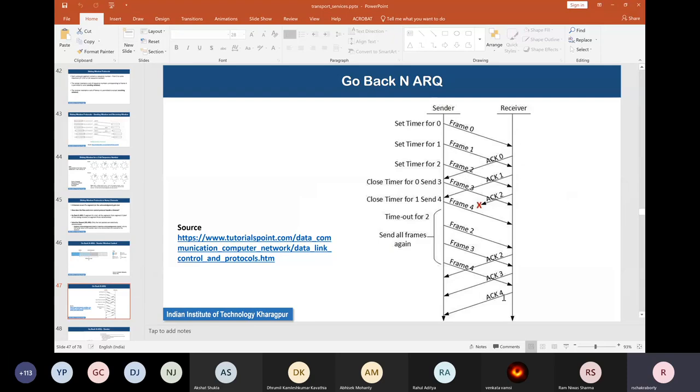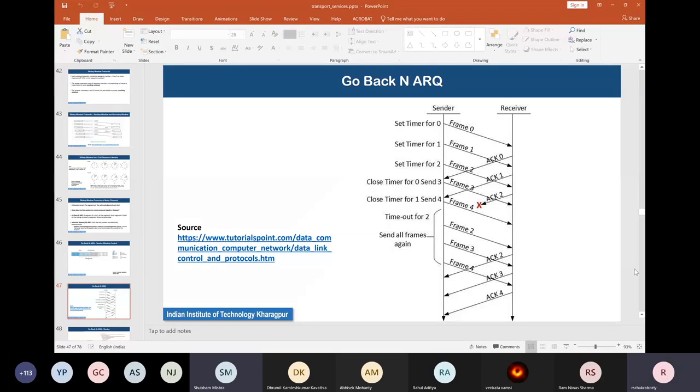So do you think this is very efficient, students? What is your comment about the efficiency of this scheme? Anybody, any comment? We need to keep the previous packets in store, in memory.